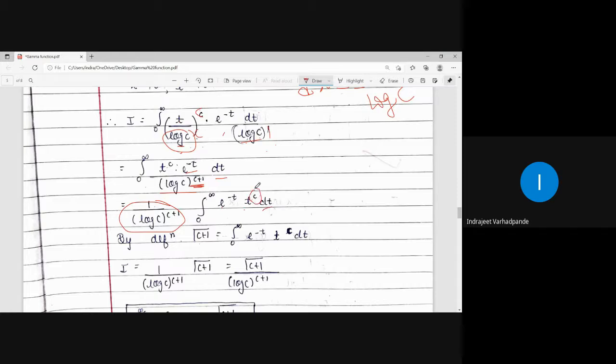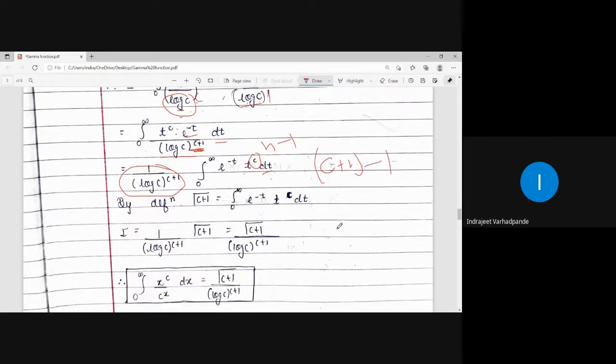But here we need the n minus 1 form, so how do I write c? c plus 1 minus 1. So by the definition of gamma c plus 1, it is 0 to infinity e to the power minus t, t to the power c dt.